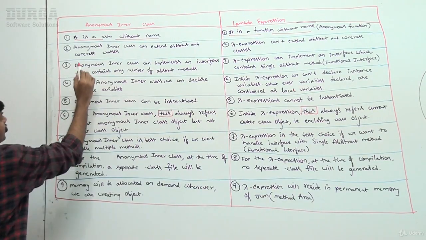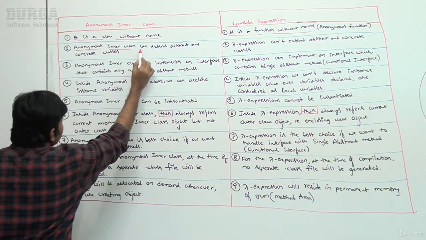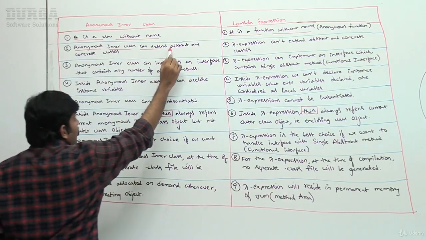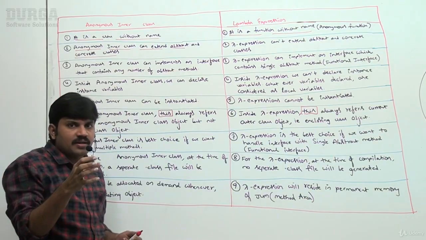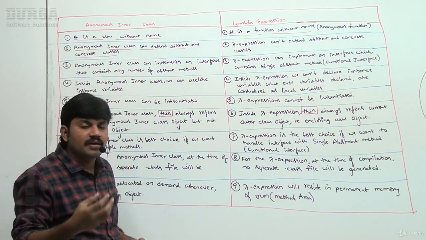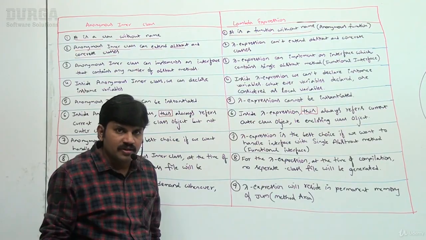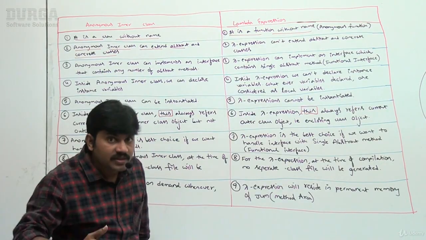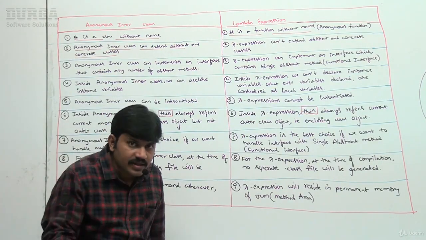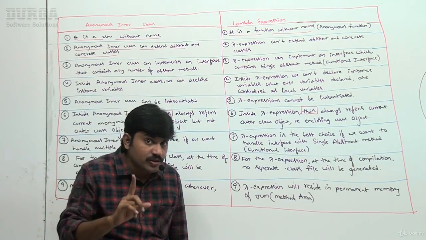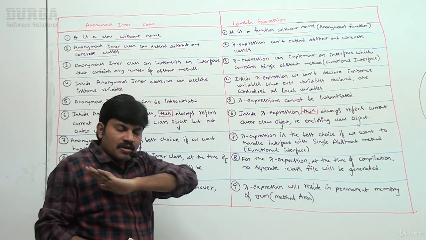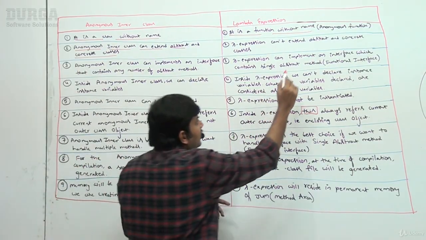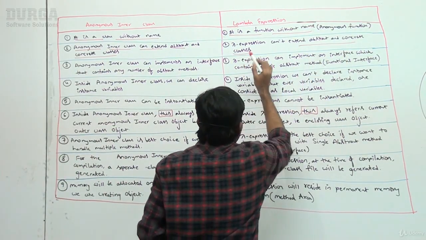Next, an anonymous inner class can extend abstract classes and concrete classes. If there is an abstract class, I can create an anonymous inner class as a child. My anonymous inner class can extend abstract classes and concrete classes. In the last videos we covered it already, right? But lambda expressions can't extend abstract and concrete classes.